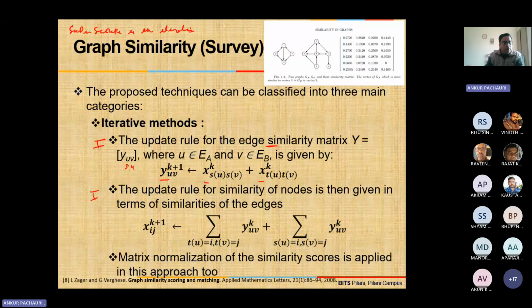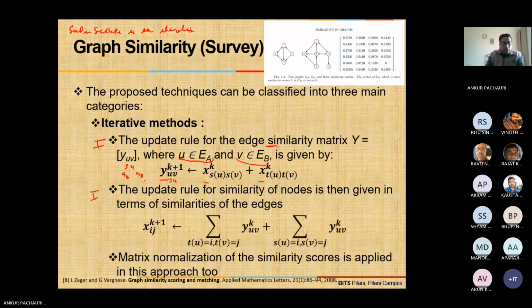So U is 3 and V is 4. That means U belongs to the graph A and V belongs to the graph B, means 3 is from the graph GA and 4 is from the graph GB. Clear? This is the meaning. Now, this is the iteration, so based on the previous iteration, the next value is updated. So this will be a rectangular matrix.